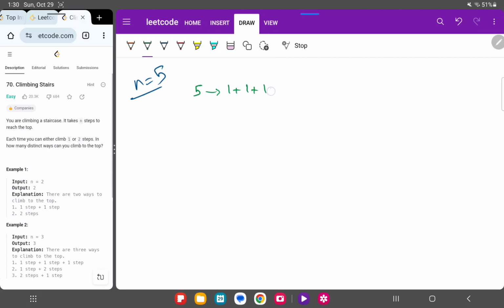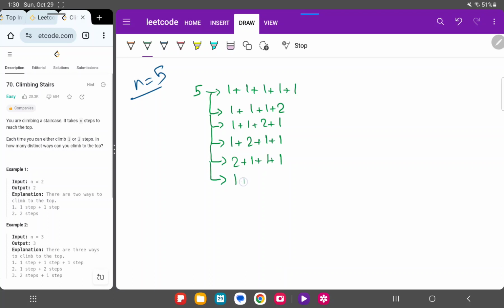Take 1 step, 1 step, 1 step, 1 step, 1 step, total 5 steps, or 1 step, 1 step, 1 step, then 2 steps, or 1 step, 1 step, then 2 steps, then 1 step, or 1 step, 2 steps, then 1 step, then 1 step, or 2 steps plus 1 step plus 1 step plus 1 step, or 1 step plus 2 steps plus 2 steps, or 2 steps plus 1 step plus 2 steps, or 2 steps plus 2 steps plus 1 step.